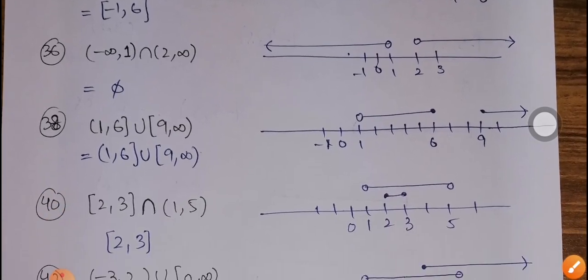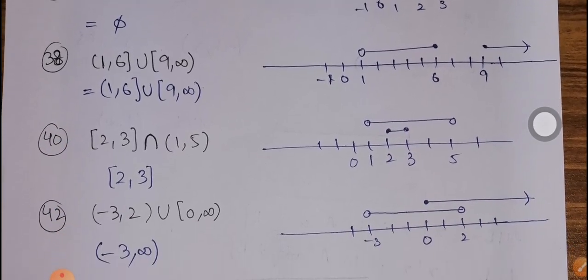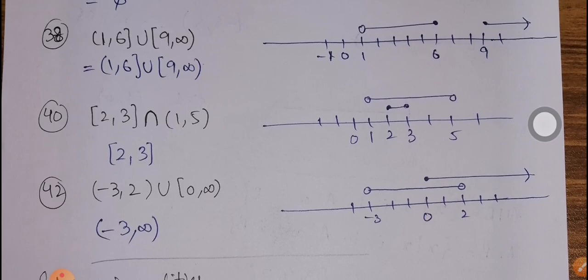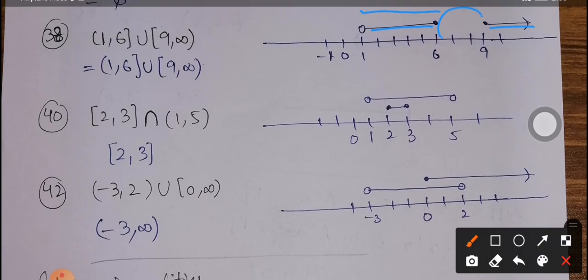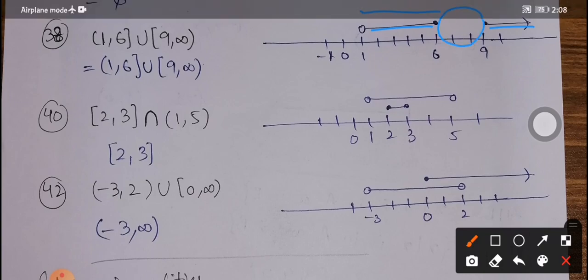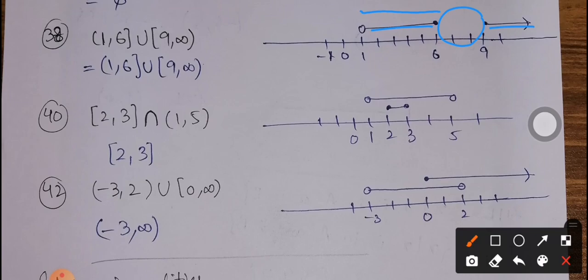Then we have question number 38, -1 to 6 union 9 to infinity. Again in this case you can see that we can move from -1 to 6 and then 9 to infinity. When we talk about the union, we will start from -1 to 6, but there is a jump or a gap over here. That's why I cannot write down one single interval in this case.